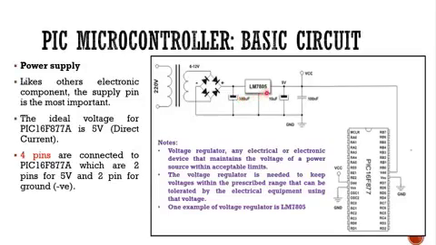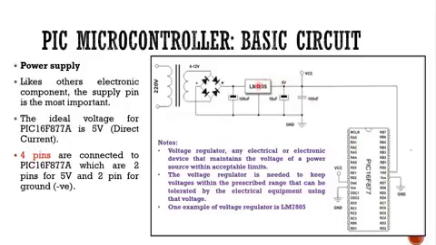Then this one, LM7805, is a specific regulator. This means that any value higher than 5 volt will be cut to 5 volt. We use this when we want to connect to a PIC microcontroller, because the PIC input voltage can only be around 5 volt, not more than that.